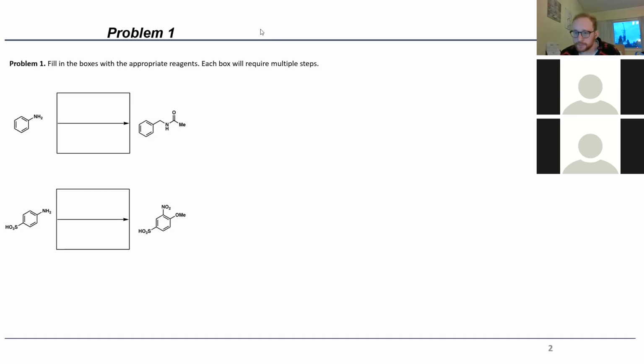Okay, so both of these problems I think are pretty interesting electrophilic aromatic substitution chemistries, as well as some new nucleophilic aromatic substitution chemistry that we talked about just this morning in class.